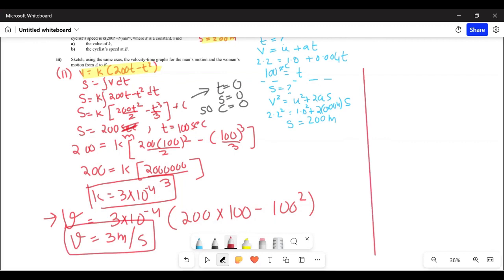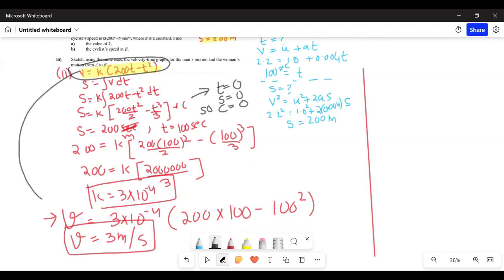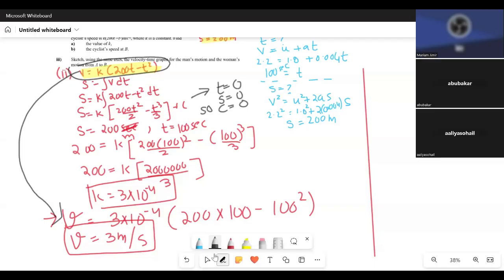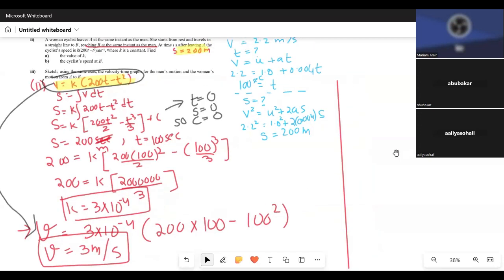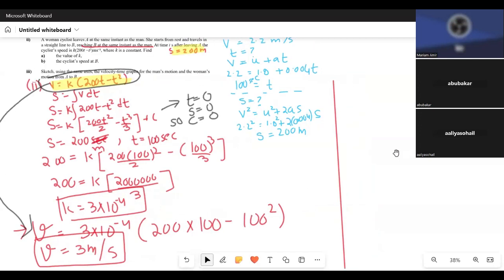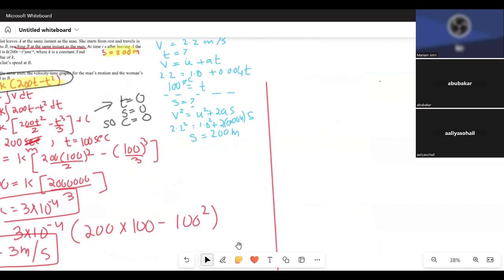Next is sketch and use. Hmm. Which equation was it below in which we saw this, power v? This was given in the question, here it is, given at the start of part two, for the woman. Part three: sketch using the same axis the velocity time graph for the man and the woman's motion from A to B. Okay. So we have to draw the velocity time graph. We need velocity on the y-axis, time on the x-axis.